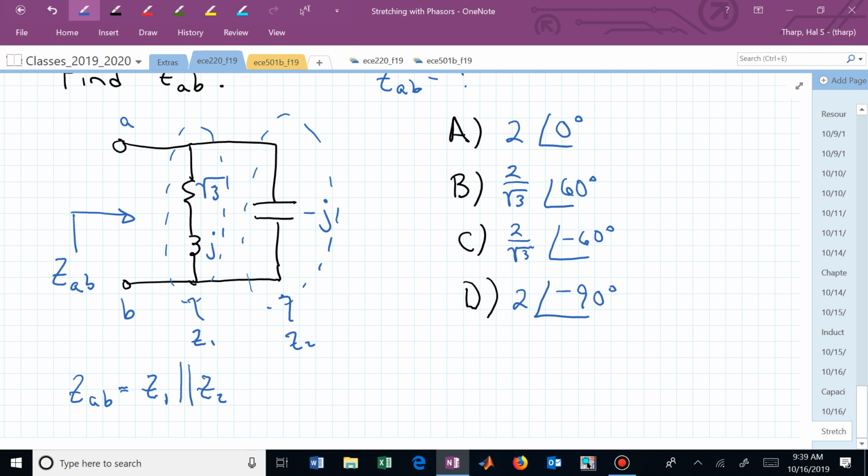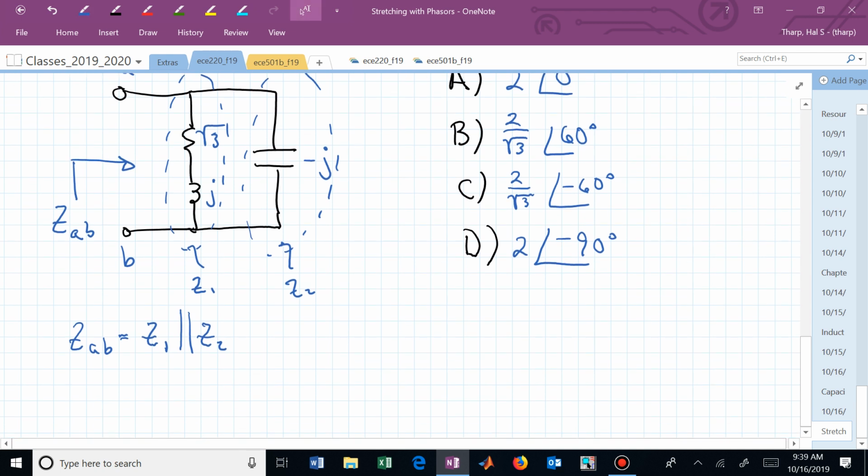It's the product over their sum. Well, now you do that for these complex numbers when you have impedances in parallel. Now you have Z1 times Z2 over Z1 plus Z2.